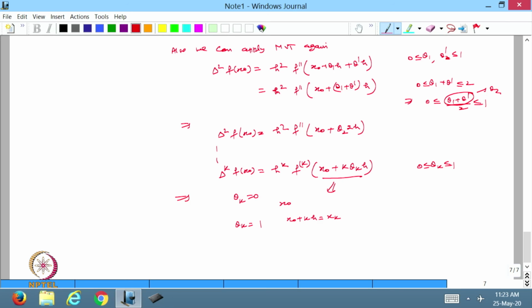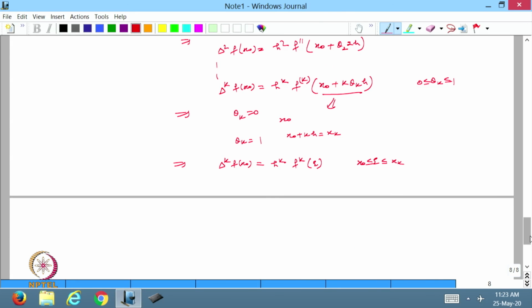Now, from here I can say that the k times forward difference operator can be written as h k into f k of some xi, where xi belongs to x 0 to x k. Okay. So, now we are able to define this one.